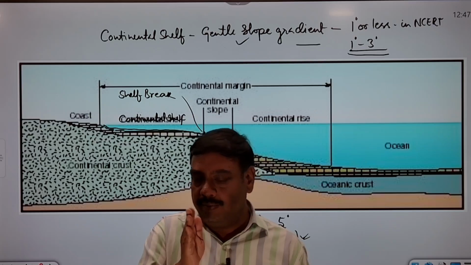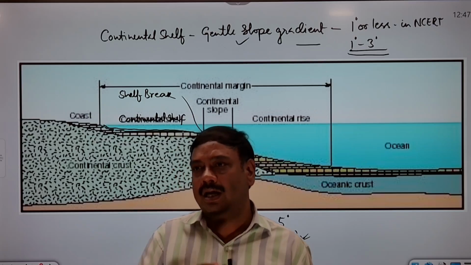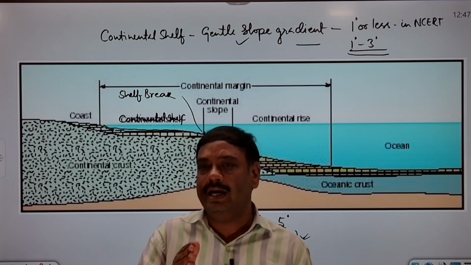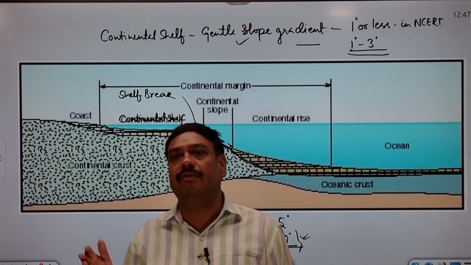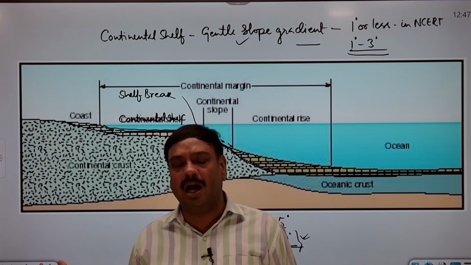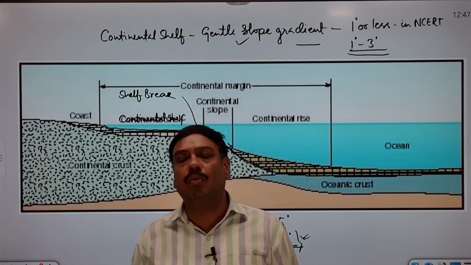As you move far from the margin, the color is becoming dark. From white it will become sky blue, then further a little darker sky blue, then further more blue color.